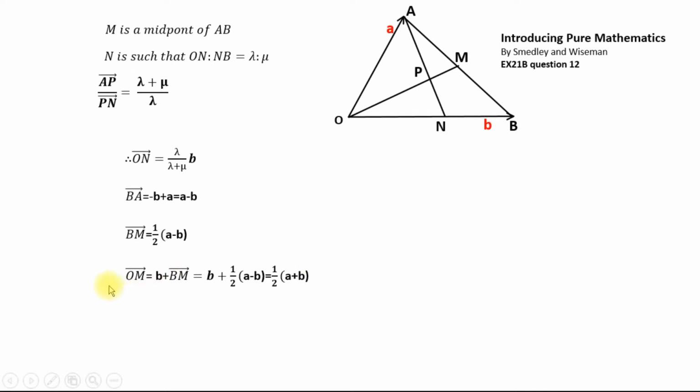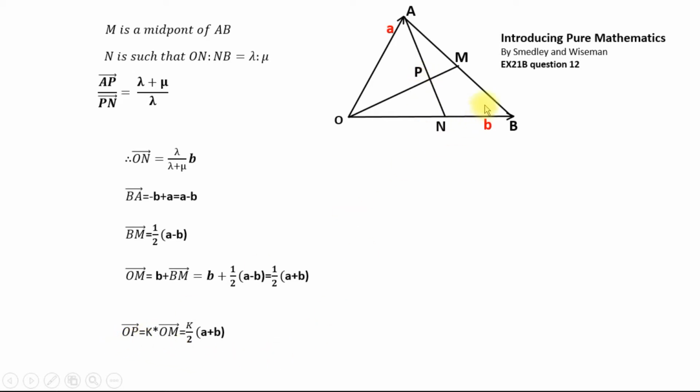Now, the next thing we do, we write the vector OM in terms of what we've already calculated. So OM would be B plus BM. And with a bit of algebra, we find that OM can be written as half of A plus B. Now we need to find the length OP because P is a pivotal point in our question.